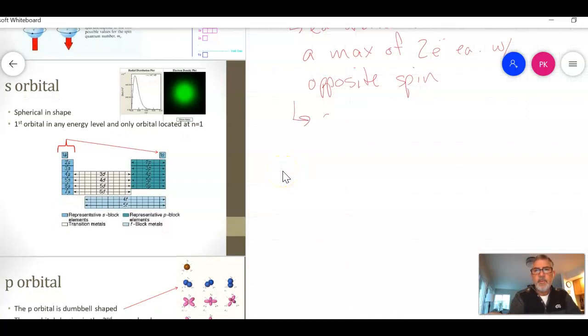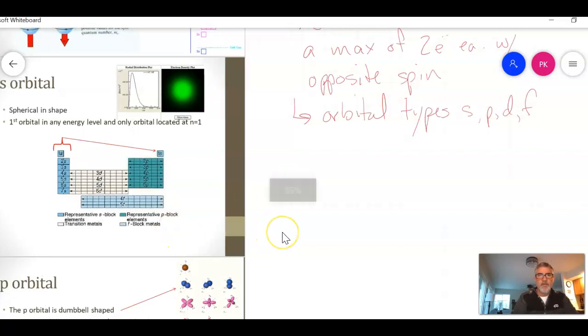So orbitals, affectionately known as stupid people don't fly. That's how I remembered it in college. So the s orbitals, if you look at your periodic table, we'll go more off my pictures now.